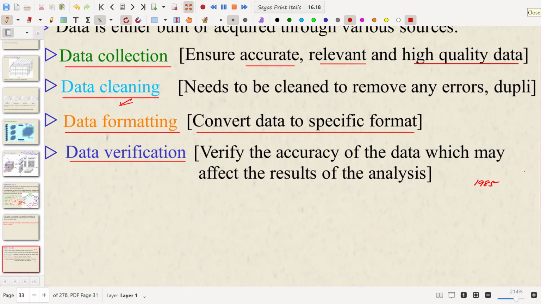We can believe it is a date of birth, but it cannot be an age. Sometimes people are hasty and put the year into the age column and age into the year column. That can happen, so you have to verify the accuracy in those scenarios. That's what I meant by data verification.